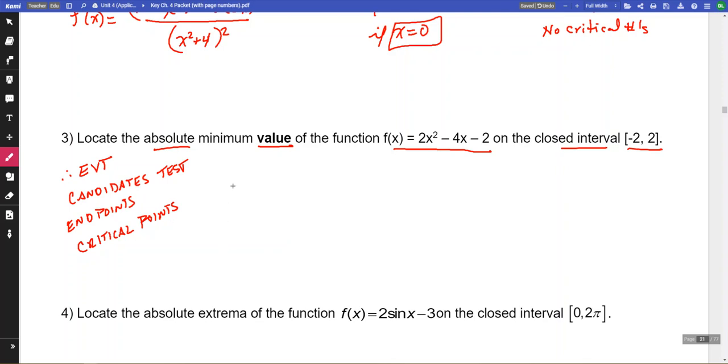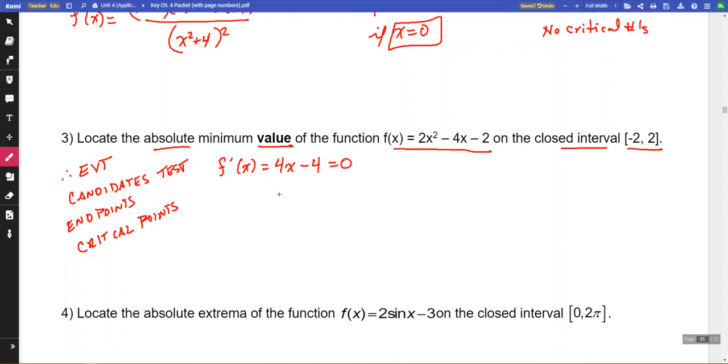So f prime of x, let's see if I can write this a little bit more neatly. F prime of x is equal to, thanks for your patience, 4x minus 4.